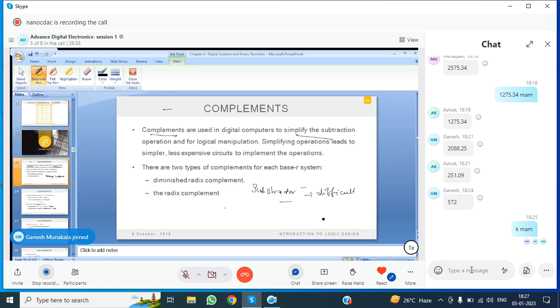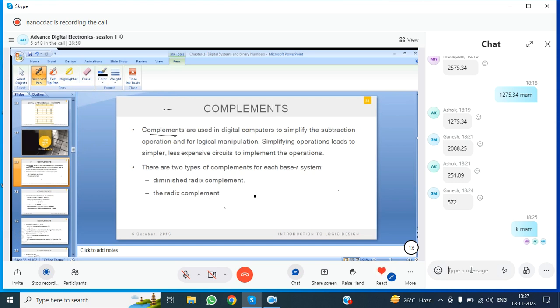Okay, it is difficult to design. Complexity is more for the subtractor circuit. Whereas if you take the adder circuit, it is easy to design with simple AND, OR, NOR, XOR gates. We can easily design the adder circuit. Okay. So to make it very simple, we can go for the complements.